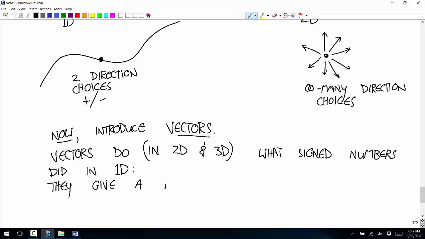They give a magnitude and a direction. In 1D, numbers did that because their magnitude is the absolute value of the number, and their direction is given by a positive or a negative.